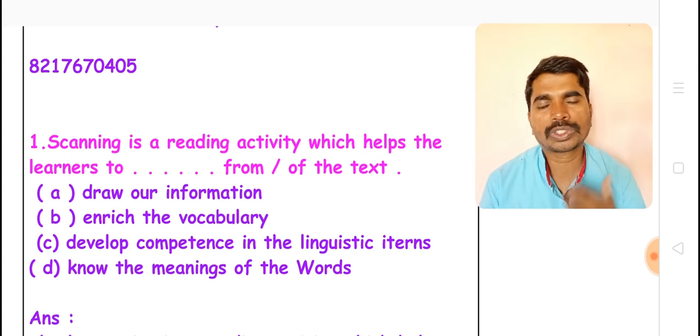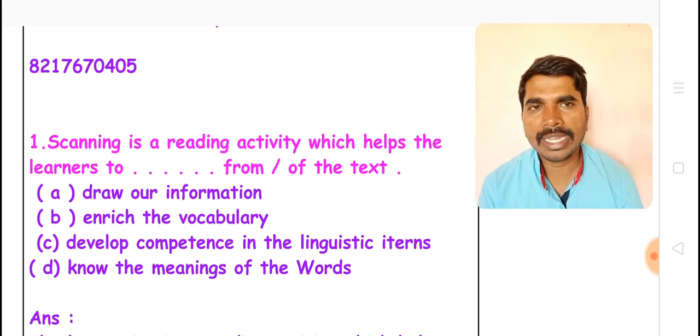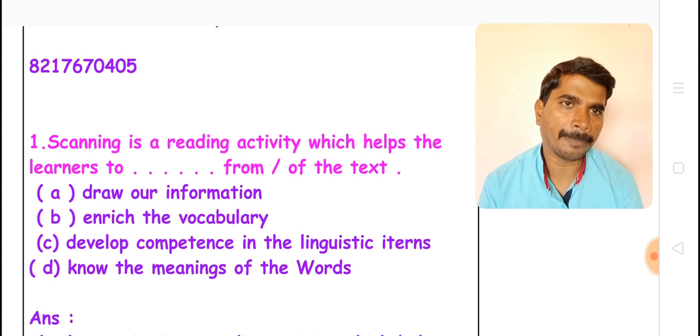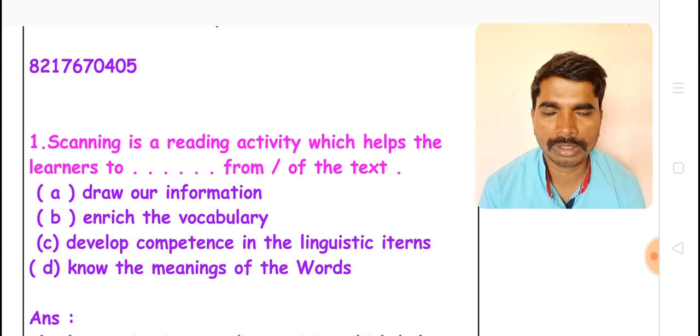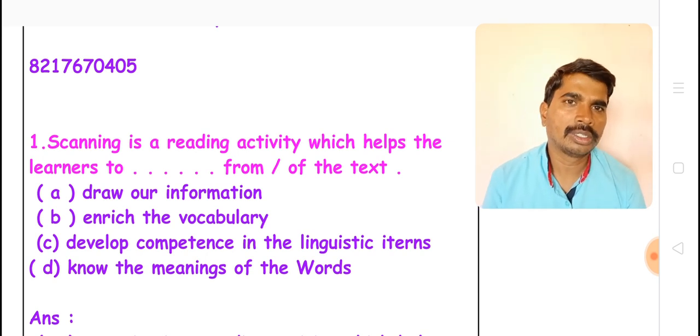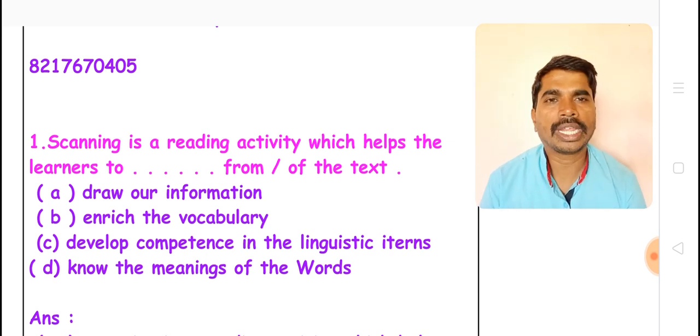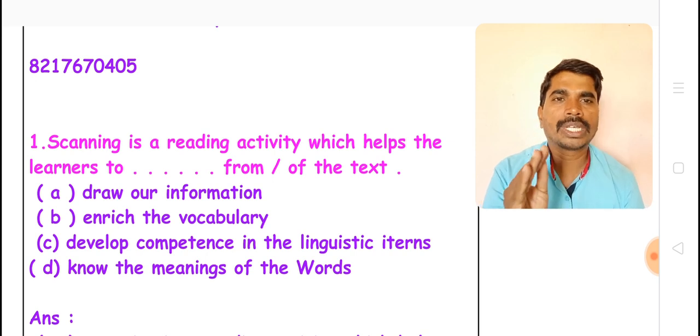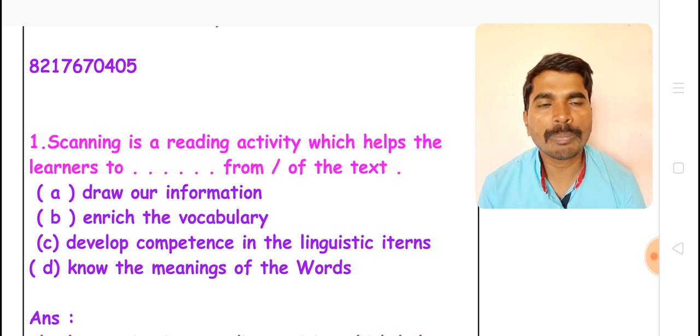Here is the first question on your screen. Scanning is a reading activity which helps the learner to dash from the text, to draw the information, to enrich the vocabulary, develop the competence, and to know the meanings.